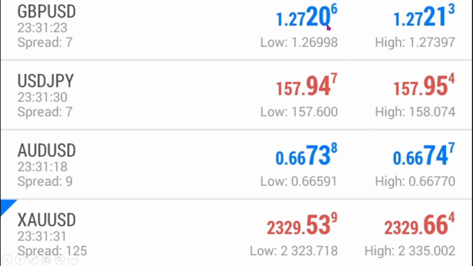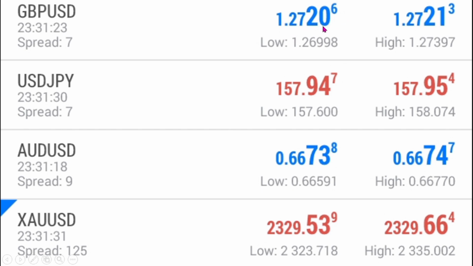But if it is a sell trade, I'll subtract 20 pips from this price point. That is 1.2700. So for instance, if I'm in a bullish trade, or I'm buying GBP USD, and I'll be making 20 pips from the trade, I'll add 20 pips to 1.2720 if that is my point of entry. And if it is a sell trade, I'll subtract 20 pips from 1.2720.